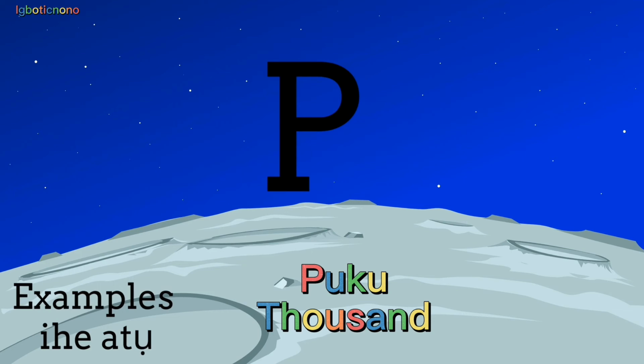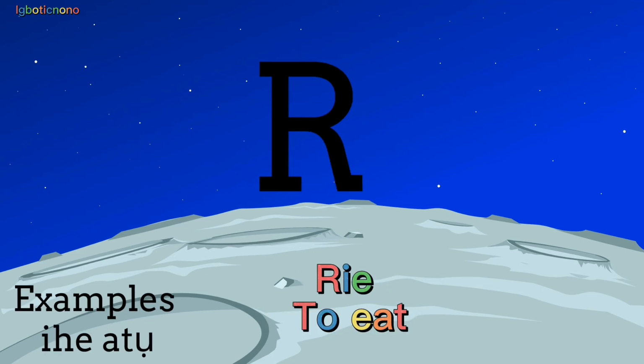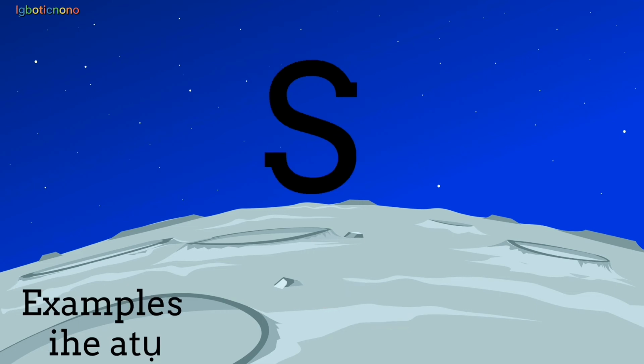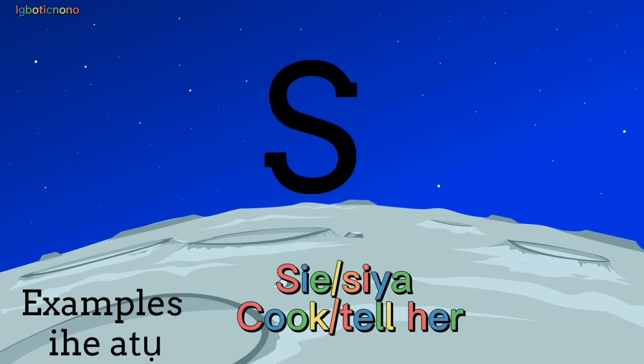Buku, that's 1,000. Rie, to eat. That's see.